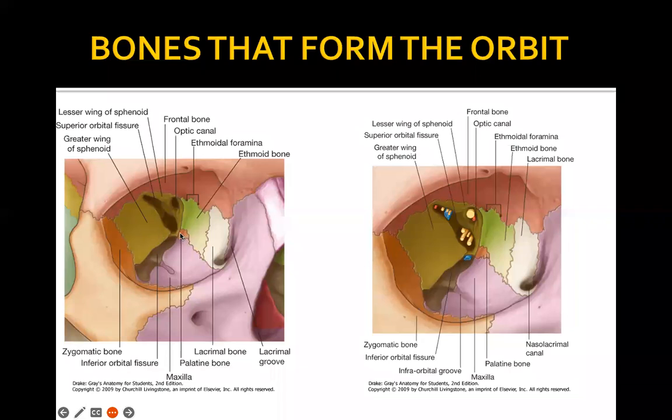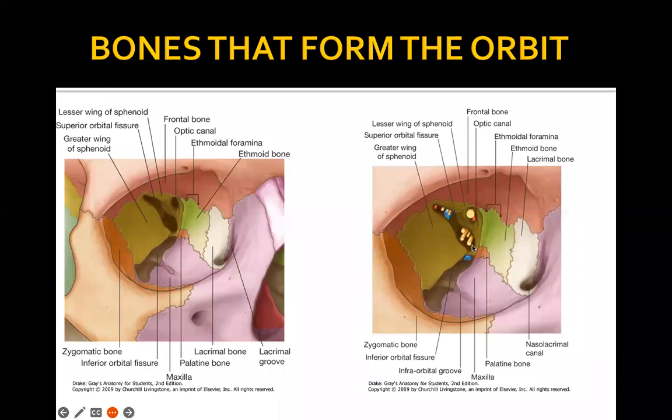For instance, in an MCQ, I can easily set a question and list about three of the bones, then intentionally bring an odd one out for you to choose. I'll say all the following bones form part of the orbit, except, then I put ethmoid bone, lacrimal bone, palatine, then maybe vomer. But we know that the vomer will be in the nose.